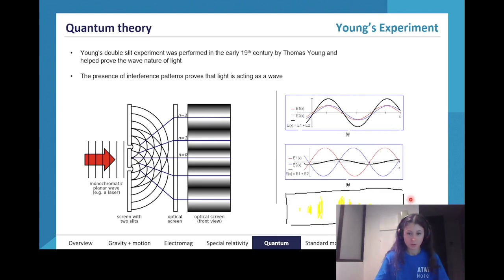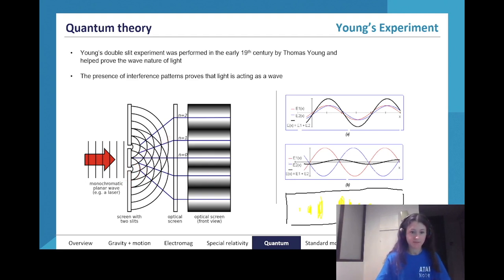What he saw with light was this uneven pattern with all of these different splotches of light, which implies that when the light goes through the slits, it bends around the slit and creates these patterns.